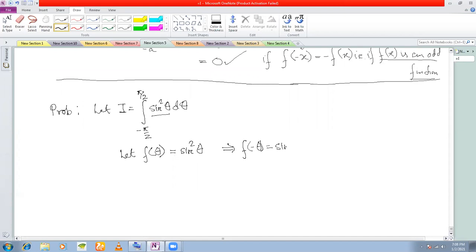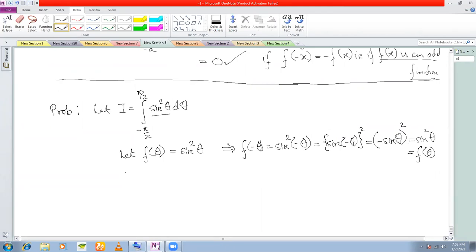It is sine square of minus theta, which is equal to sine of minus theta whole square. Now sine of minus theta, you know, is minus sine theta from negative and associated angles. So minus sine theta whole square is equal to sine square theta. So f(-theta) is the same as f(theta).